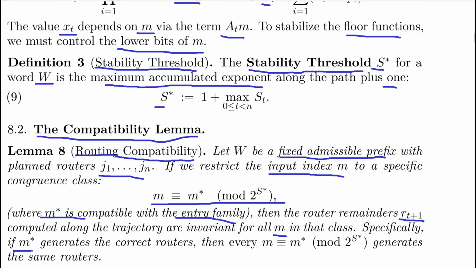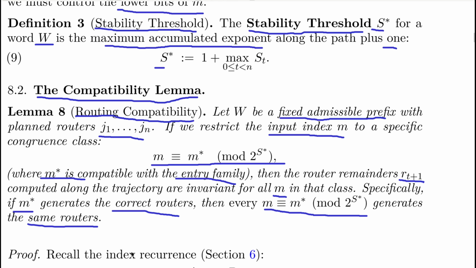Specifically, if M star generates the correct routers, then every M congruent to M star mod 2 raised to S star generates the same routers.